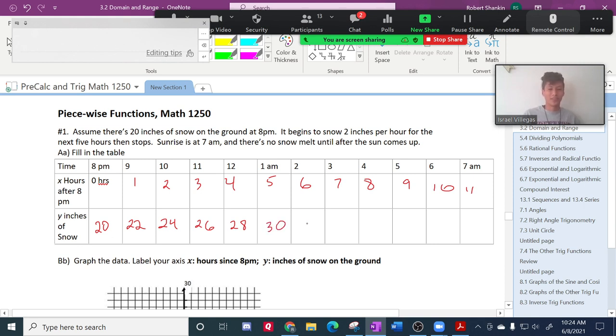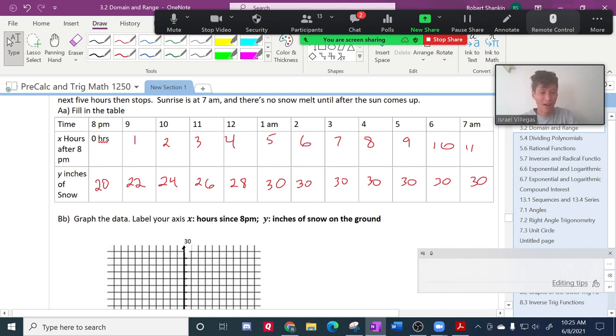And then it stops. So because it stopped, until 7 a.m., none of the snow melts. So it stays the same for 2 a.m. and 3 a.m. and 4 a.m. and 5 a.m. and so on. Okay, thank you very much.